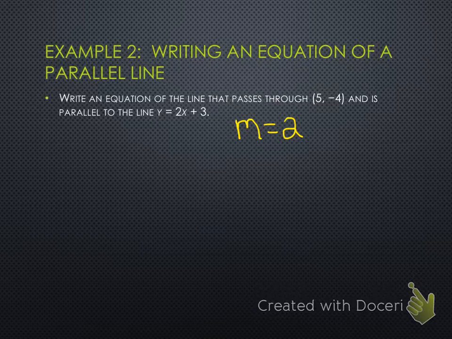So here is the part that's a little bit different and new for you, is we don't know what the y-intercept is, but we have a point here. So one of the ways that we could do this is we could plug in the numbers into y equals mx plus b and solve for what my y-intercept would be.